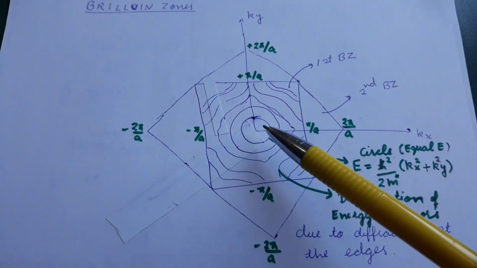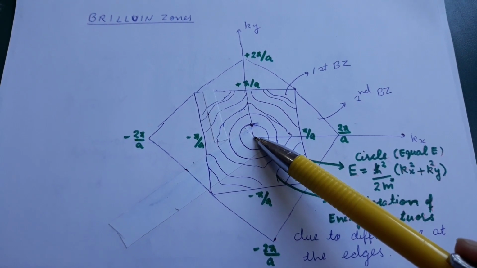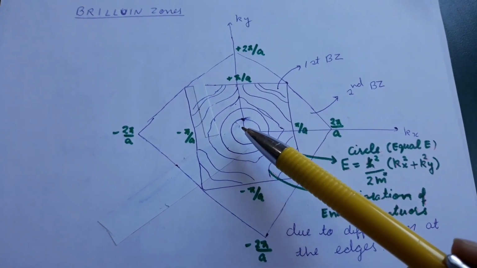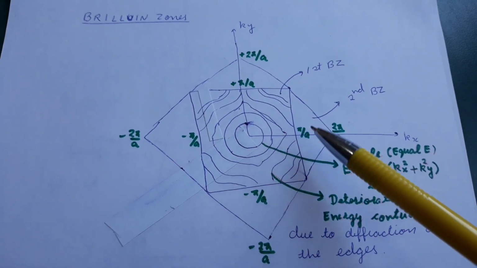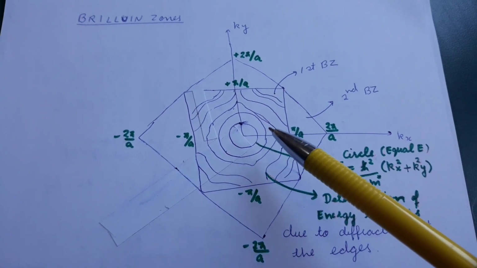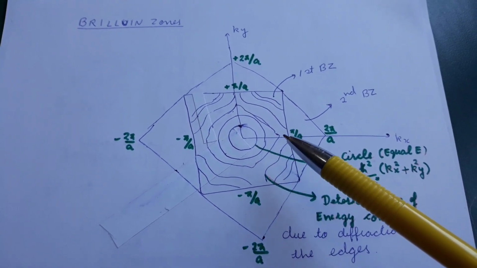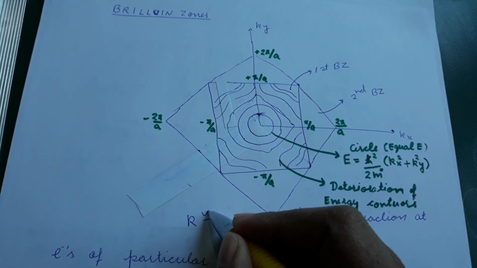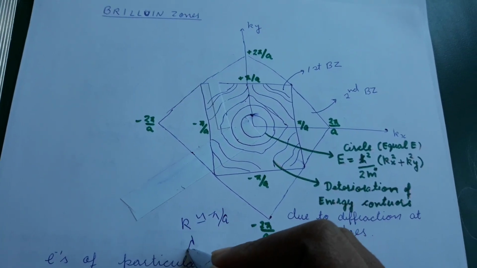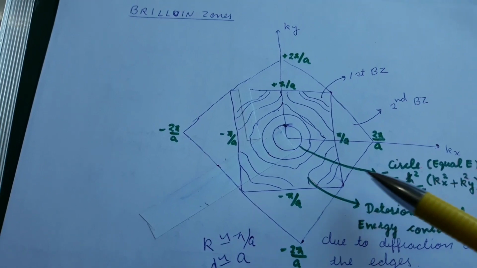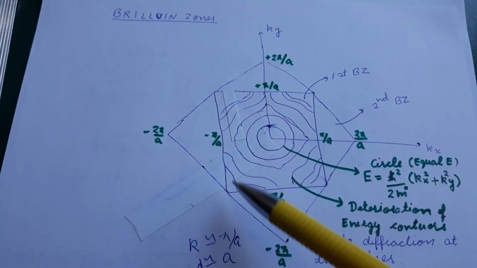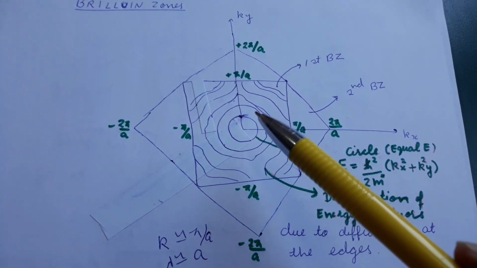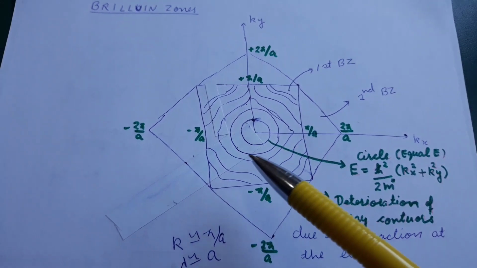So if the k value is small, which means lambda is large, then it will not get diffracted and it will be a circle. And if k is of the order of pi upon a, or lambda is of the order of a, then there will be diffraction taking place at these edges, and because of that the deterioration of this circular energy contour will take place.